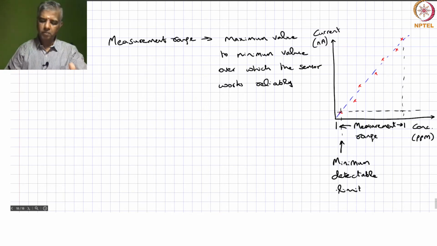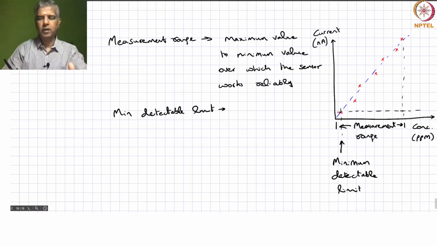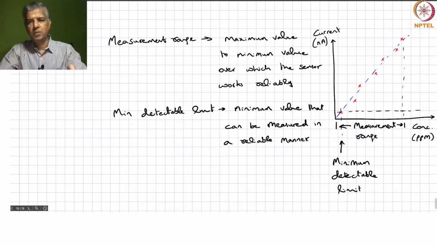So as the name itself suggests, the minimum detectable limit once again talks about the minimum value that can be measured once again in a reliable manner. So it conforms to all the other specifications.